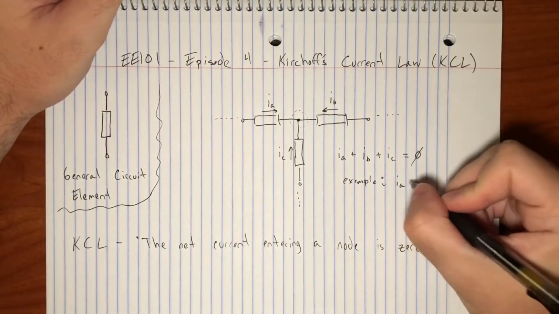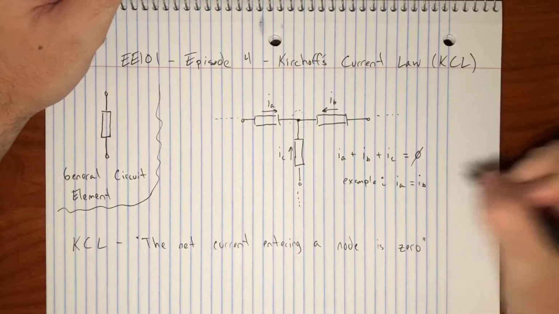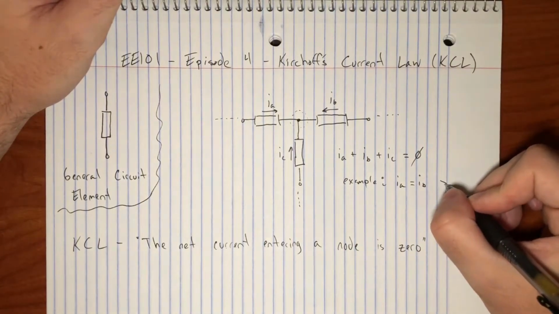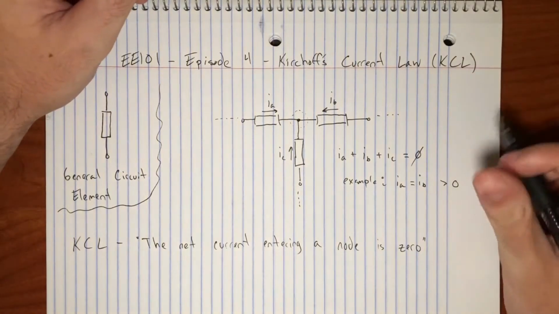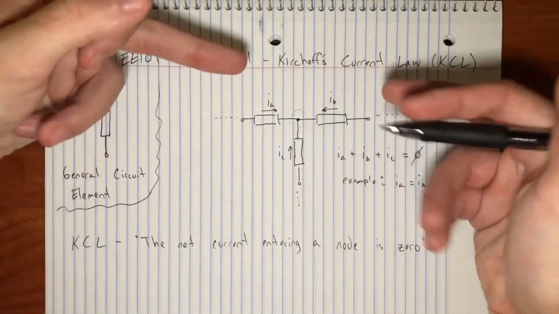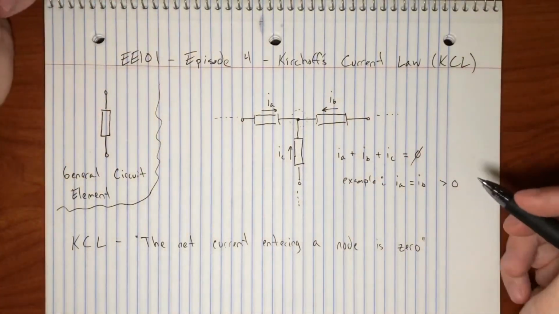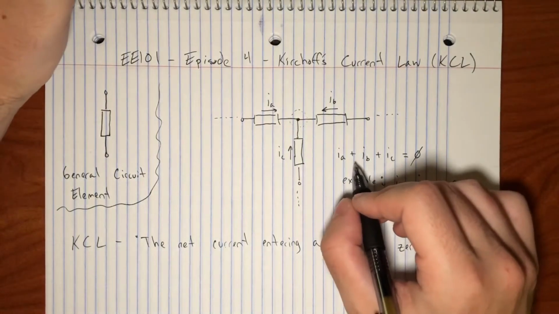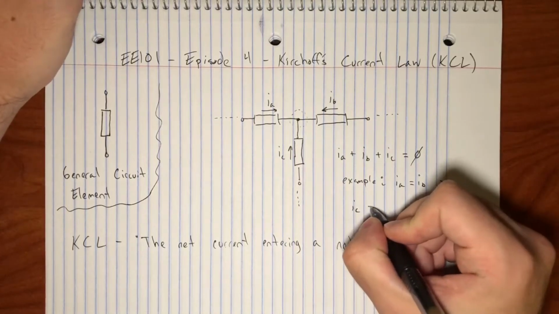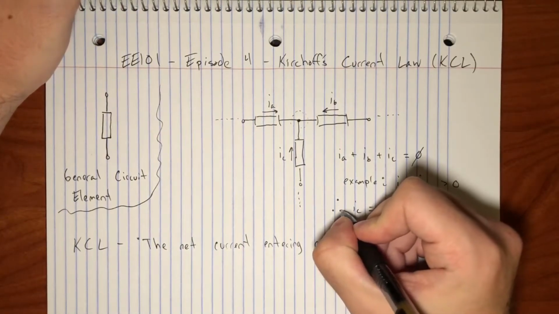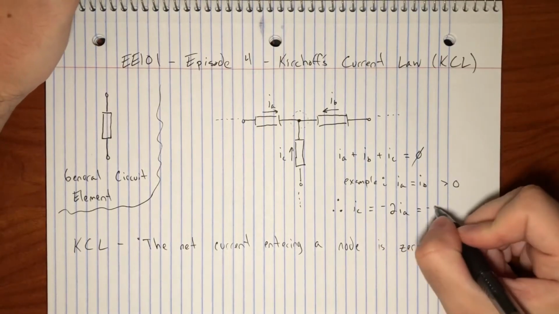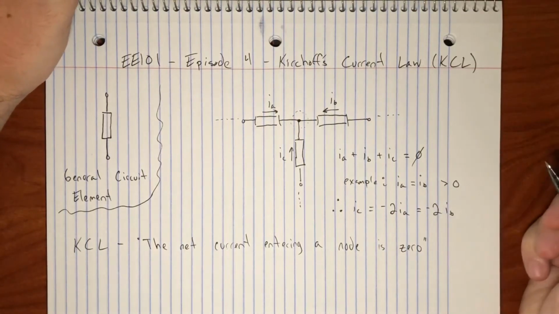So if IA equals IB, and let's say they're both greater than 0, meaning they're positive currents with respect to this reference direction I assigned, meaning they're both actually flowing inward, well then based on this algebraic expression, we know that IC equals minus 2 IA equals minus 2 IB.